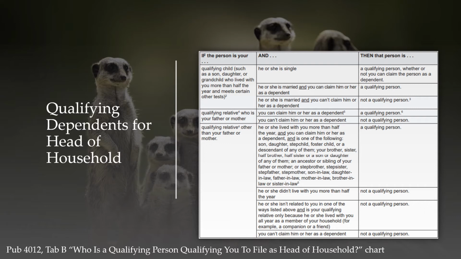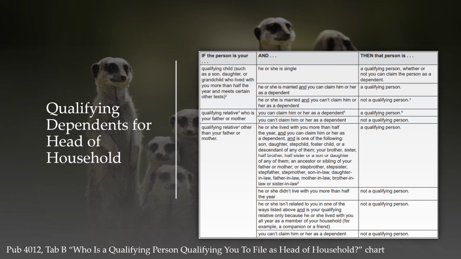So if the person is a qualifying child, which we'll discuss more about that term in our next lesson, it might be a son, a daughter, a grandchild who lived with the taxpayer more than half of the year. If that qualifying child is single, then they are a qualifying person whether or not they are claimed as a dependent on the return.